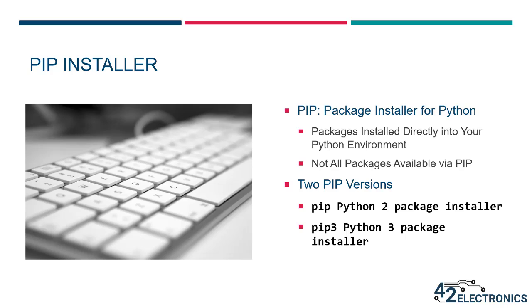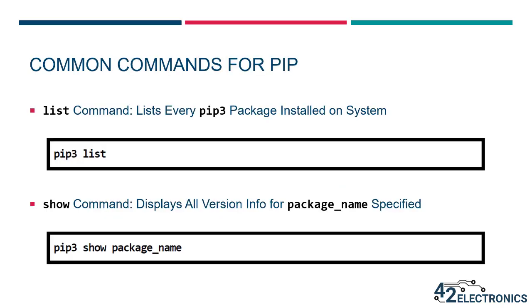The same is true in the other direction, of course. If you use PIP to install a package, then it won't be available for Python 3, right? Because PIP is just 2. In these lessons, we'll primarily use PIP3, so the packages will be available to the Python 3 programs you're creating in Thonny.